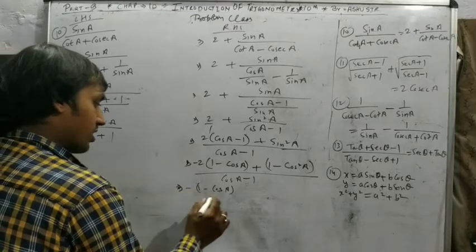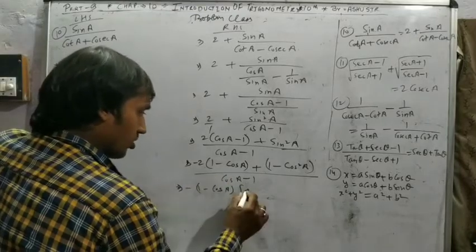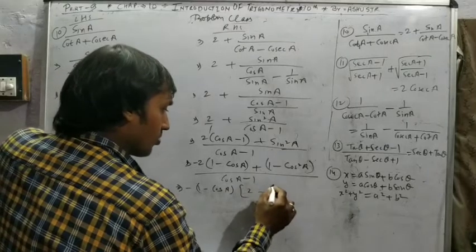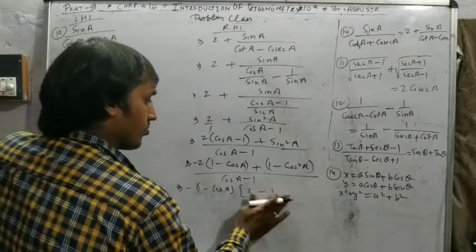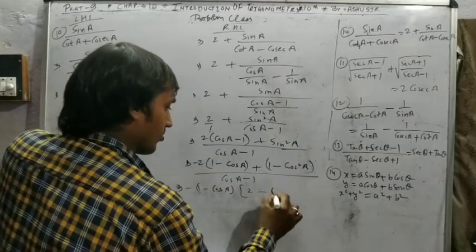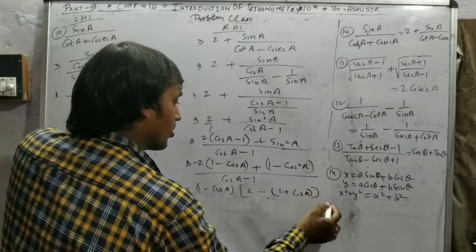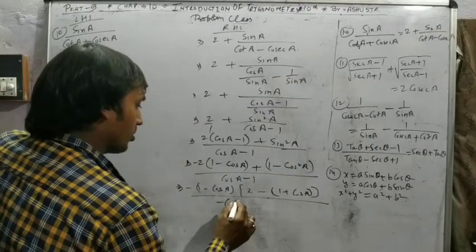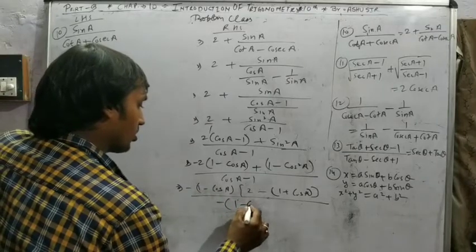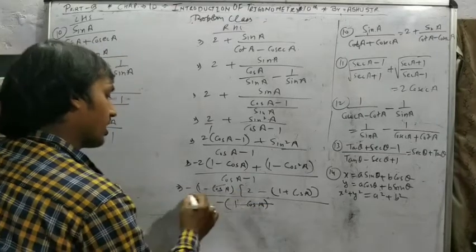And also minus sin common. So we get here 2 and minus 1 plus cos A. Here minus common. So 1 minus cos A cancel, minus cancel.